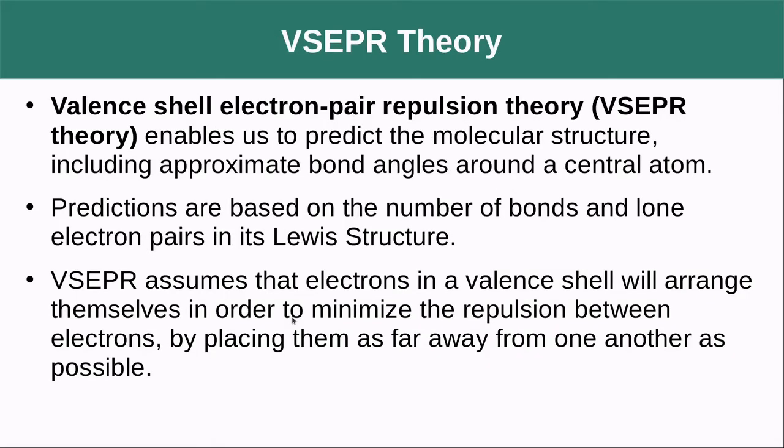Valence shell electron pair repulsion theory, VSEPR theory, enables us to predict the molecular structure, including approximate bond angles around a central atom. Predictions are based on the number of bonds and lone electron pairs in its Lewis structure. VSEPR assumes that electrons in a valence shell will arrange themselves in order to minimize the repulsion between electrons, and it does that by putting them as far away from one another as possible.